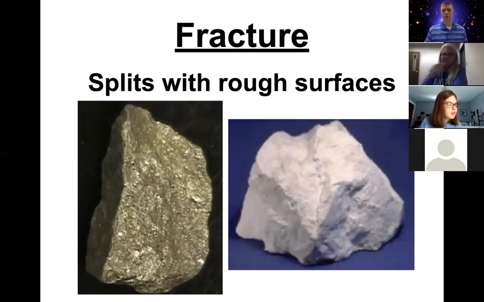Fracture, you don't know at all. It would be like dropping a plate on the floor or a piece of glass. It'll break, but you don't know what shape the pieces are going to be. Whereas with cleavage, you could tell what the pieces would look like.